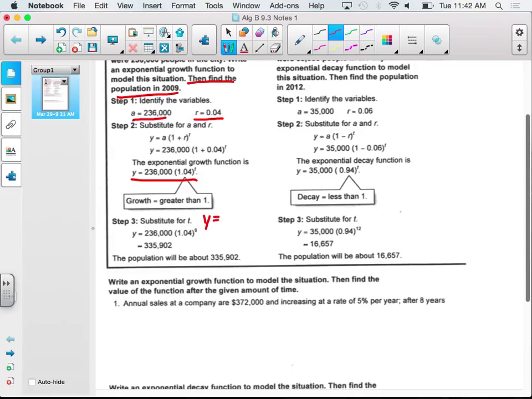So it says y equals 236,000, and I'm running out of room, 1.04, just bear with me right now, to the 9th. You don't have to write that down. So, what is 1.04 to the 9th power? Someone have their calculator out?